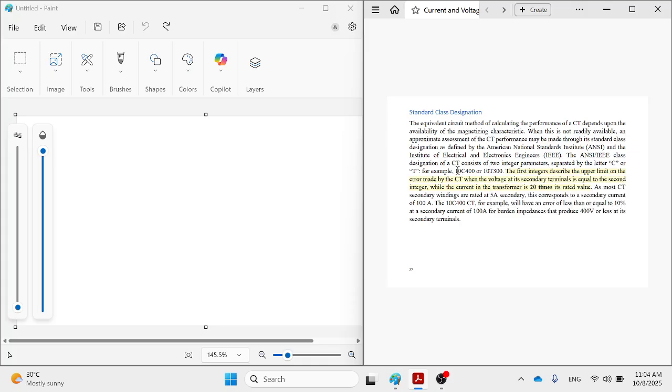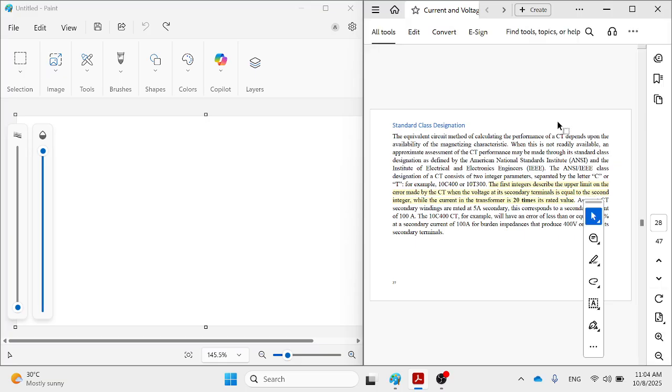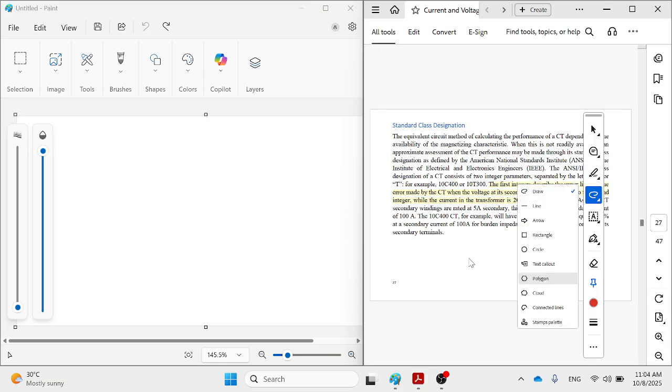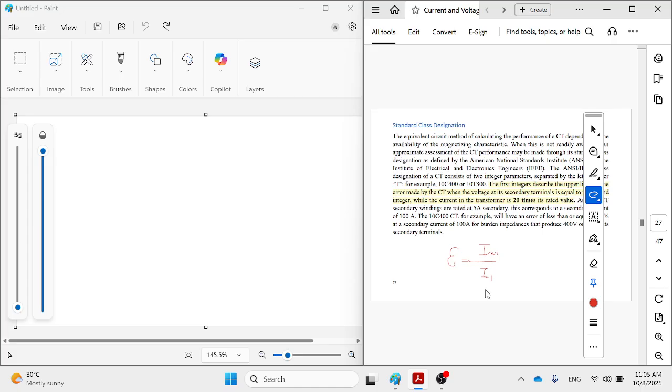There are two integer numbers. The first one represents the error, which means epsilon. Can you remember epsilon? Epsilon, we talked about this one, which was Im over I1.